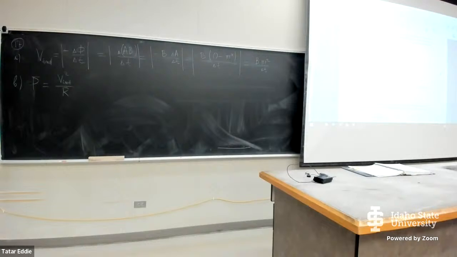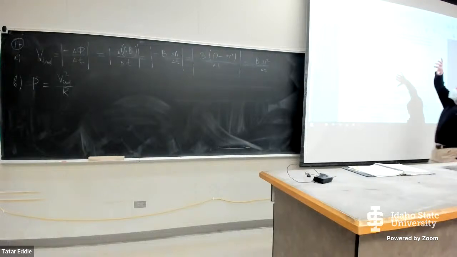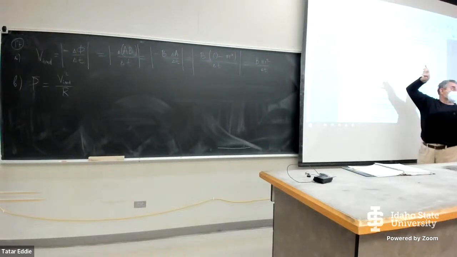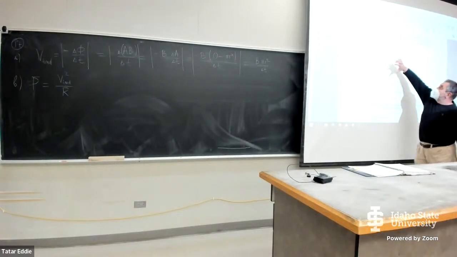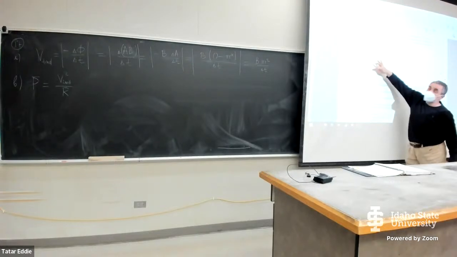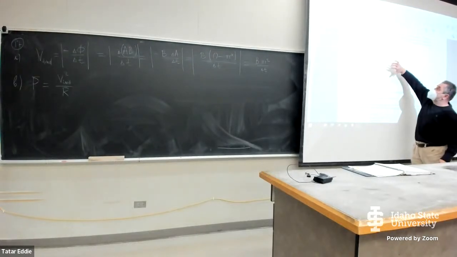Lenz's rule says you have to compensate for this loss, and you compensate for that loss by having induced current in a direction to compensate for the loss into the board direction, which means that you must have the induced current flowing in clockwise direction.